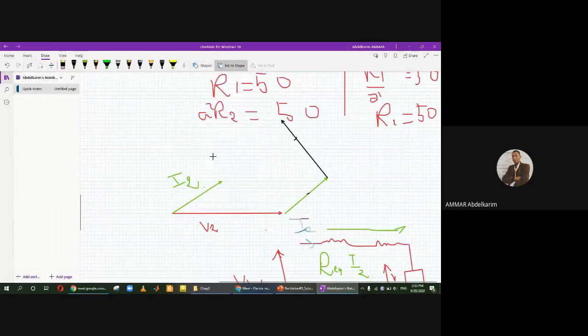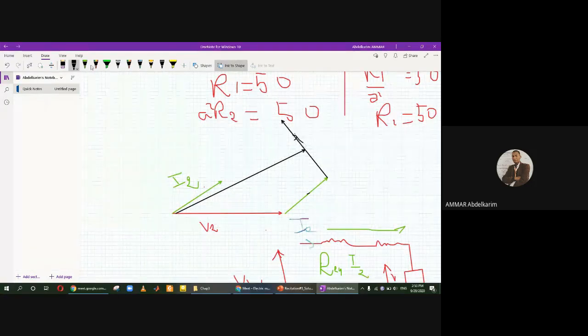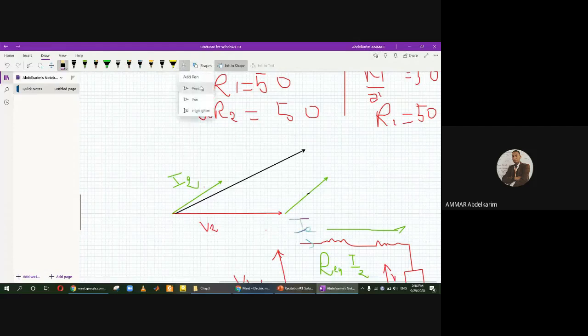Then this one is the voltage across. So you need to respect the scale. Okay, it should be like this.